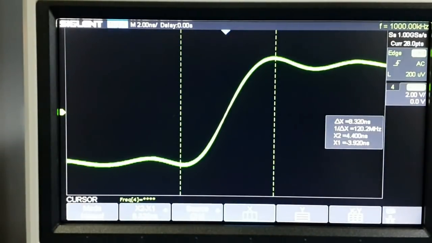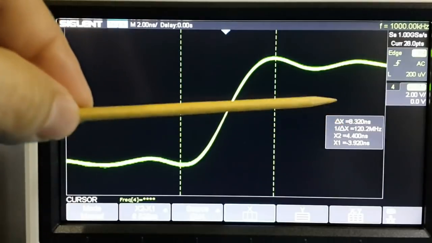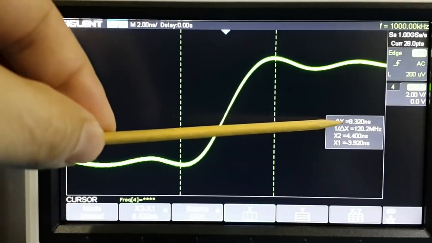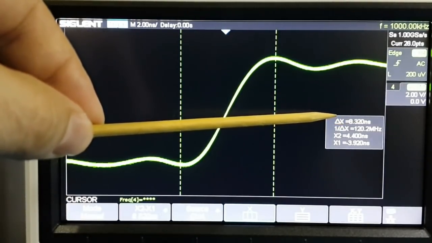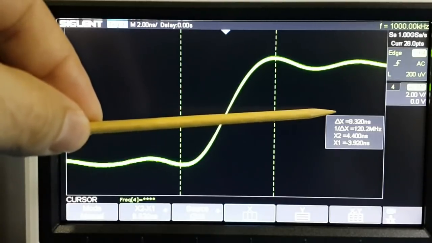Now I got some precision in the measurement, and there is here 8.32, the closest number to the 8.33, and what is represented in the specifications as 8.4.